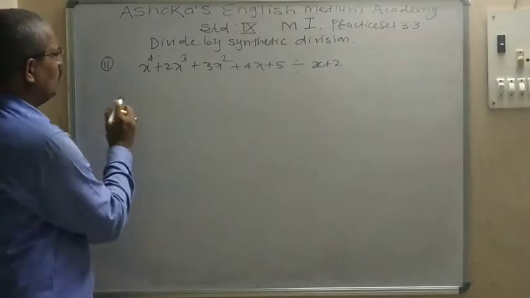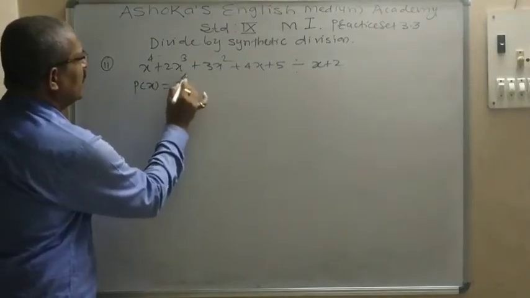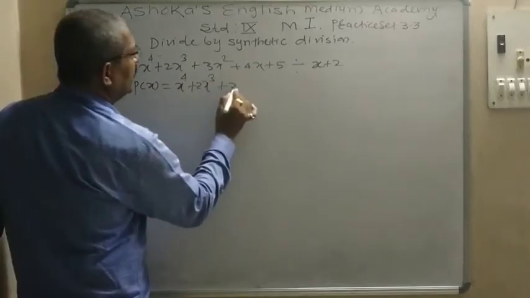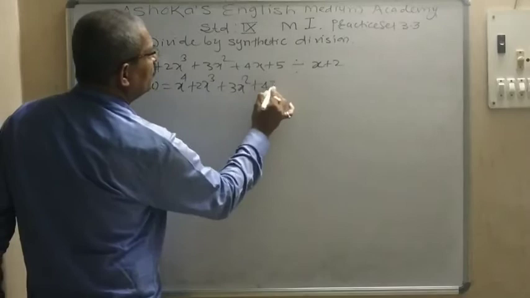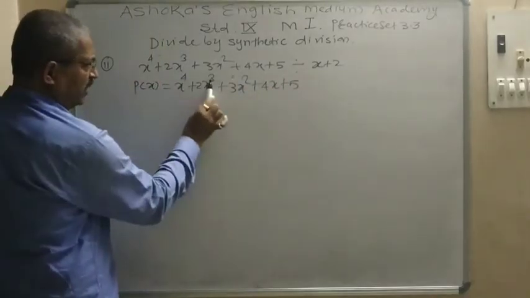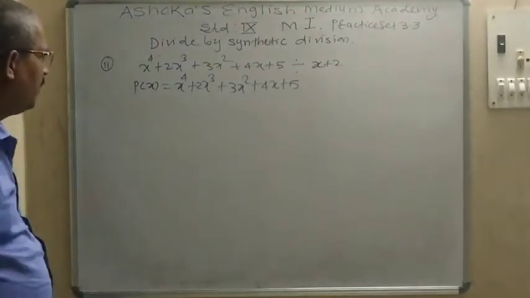So look here, polynomial p(x). First I am going to write polynomial p(x): x raised to 4 plus 2x raised to 3 plus 3x square plus 4x plus 5, means 4, 3, 2, 1, 0.